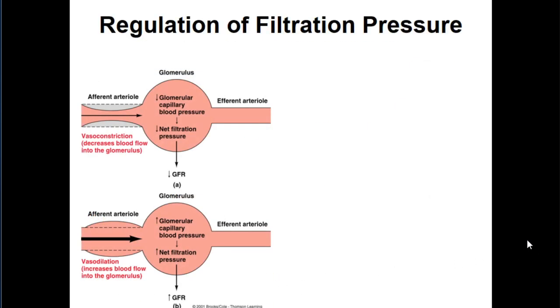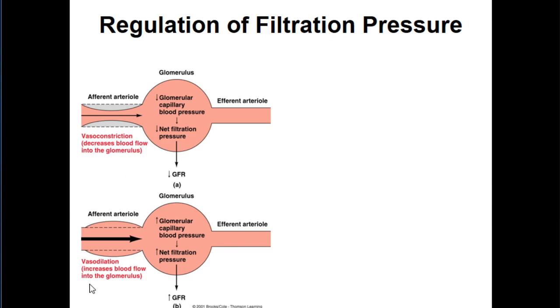So let's talk about regulation of filtration pressure. What will happen if we change the diameter of the afferent arteriole? If there is constriction of the afferent arteriole, which will decrease the blood flow into the glomerulus, which means glomerulocapillary blood pressure decreases, the net filtration pressure decreases as well, and GFR drops.